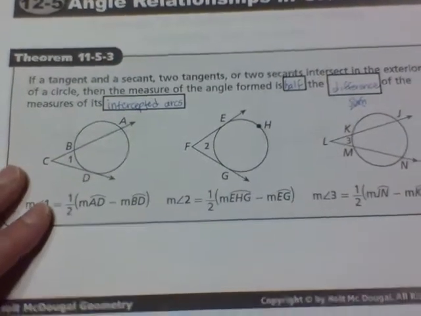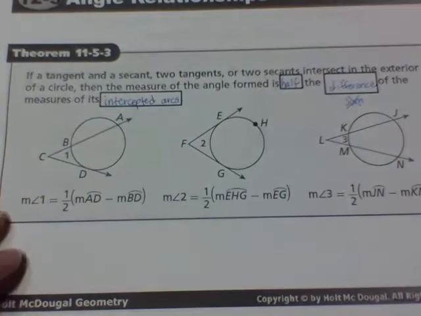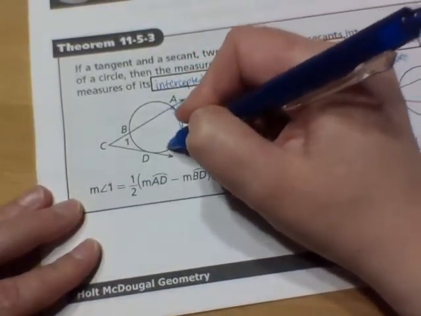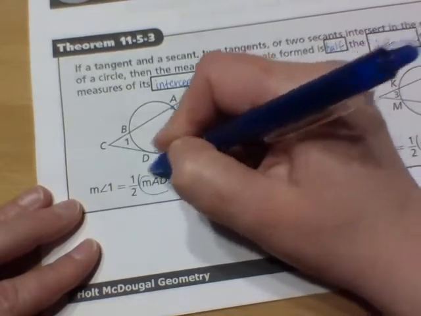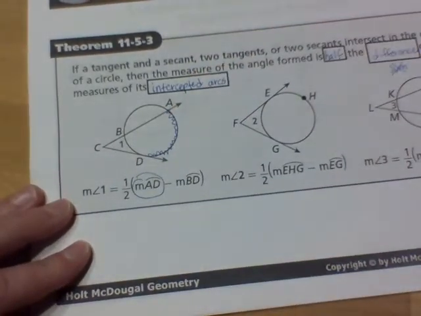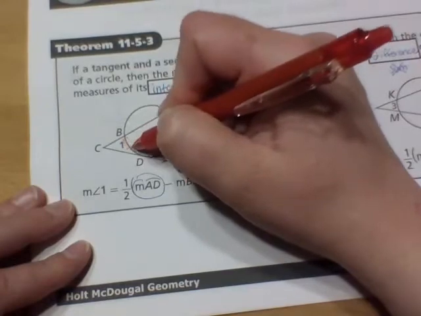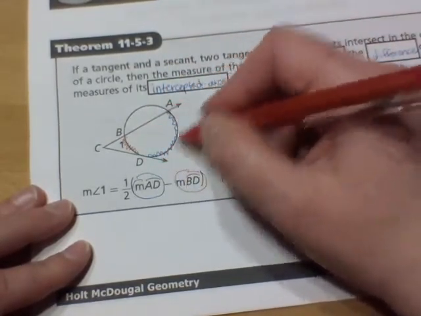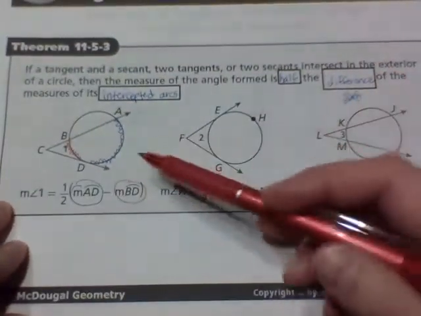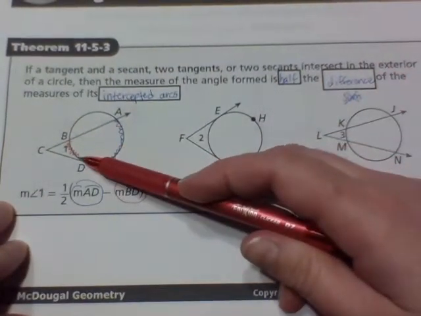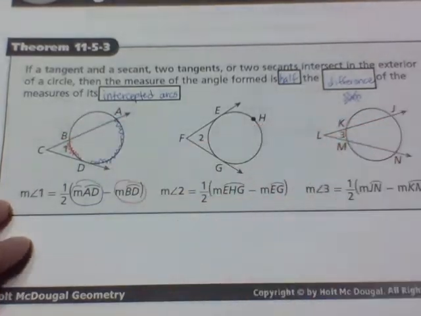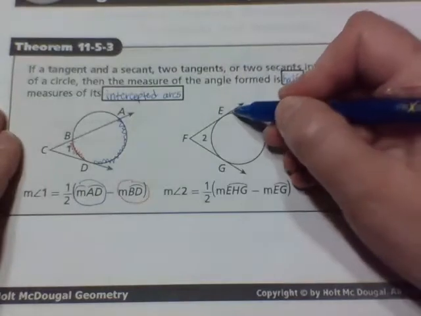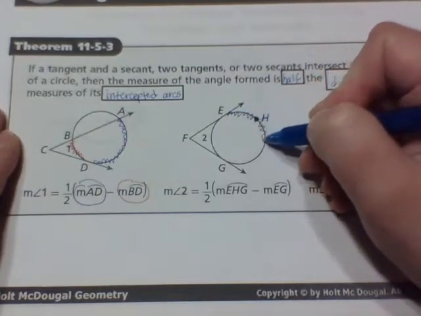So the intercepted arcs are a little strange in this one, but AD, for instance, is right here, and that's this arc that they're talking about. Then we have BD, and that arc length is going to be subtracted from the larger one. So a lot of times when I think of this, it's usually the large minus the small. In fact, it always is, divided by 2. So you do need to come up with a positive number, so usually start with the larger one. So here we are with our major arc.